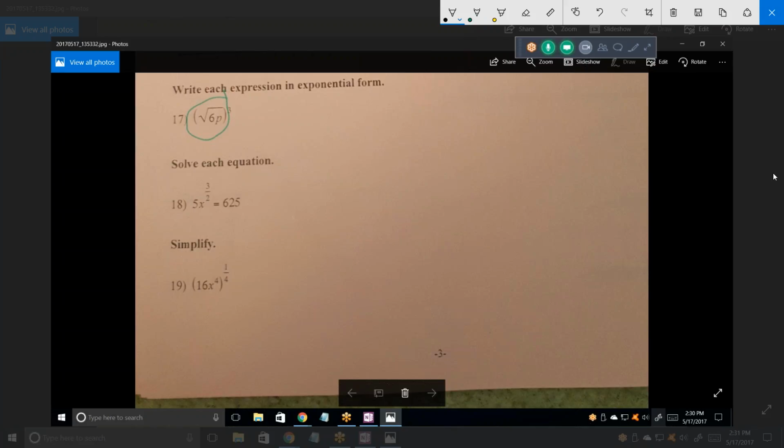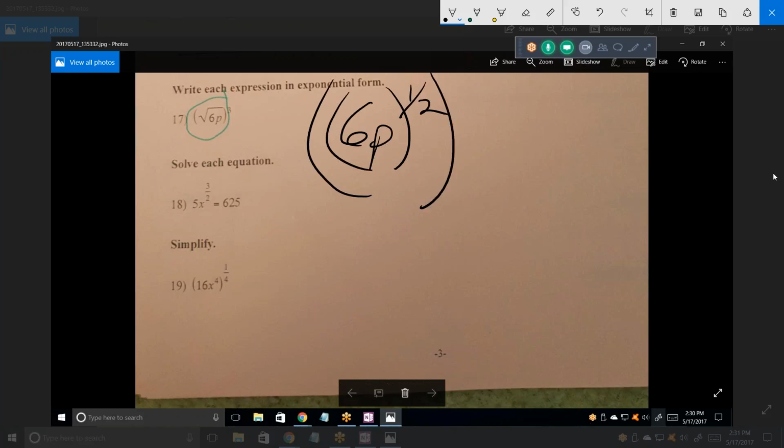So every time you see a radical sign, once you get beyond precalculus, start thinking about converting it to an exponent. What is square root of 6p equal to? So the square root would turn into the exponent of 1/2.